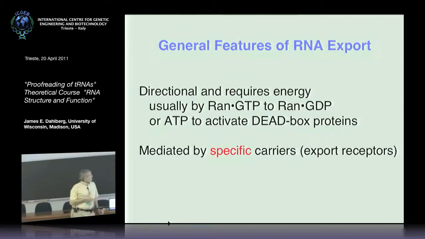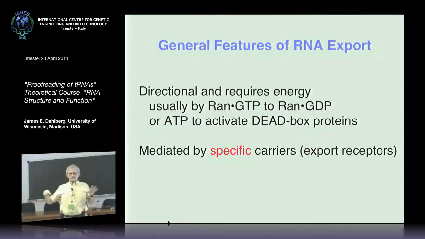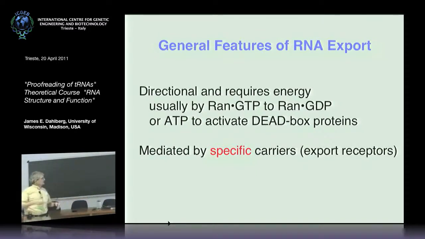Now, general features of RNA export are that it's primarily a directional event. The RNAs are made in the nucleus, and usually function in the cytoplasm, and this transfer from one side to the other of the nuclear envelope requires energy.